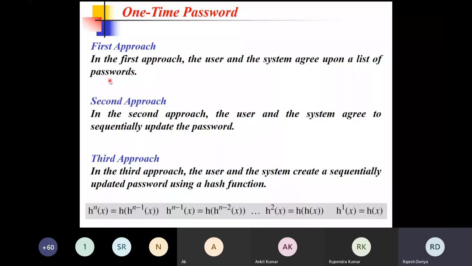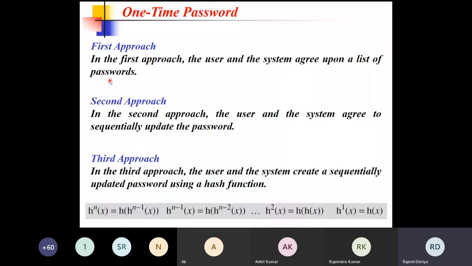So it may be possible that I do not have a signal in my mobile, or the network or the internet is not working in my mobile, or I may have lost the mobile. I'm not currently having my mobile. So in those cases, those fixed passwords which I have already noted and always keep in my pocket will come into the picture. So this is the same approach.